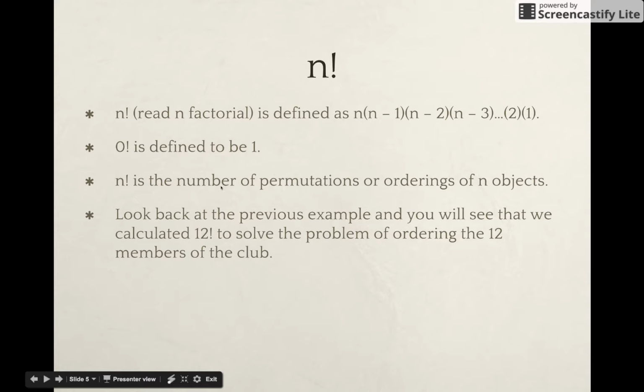N factorial is always representative of the number of arrangements or permutations of n objects. So if you have 13 trophies that you want to arrange, then there are 13 factorial ways of arranging those.